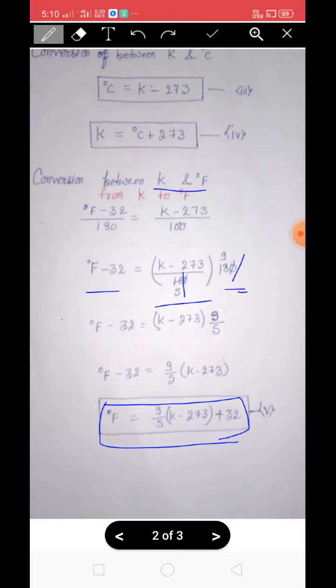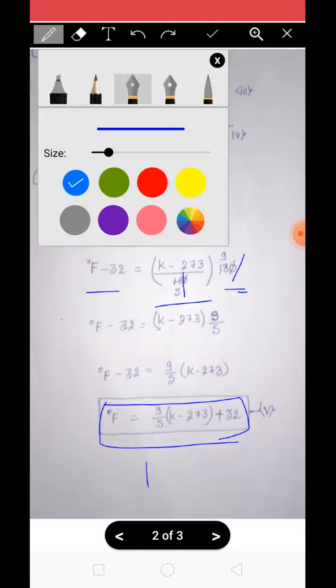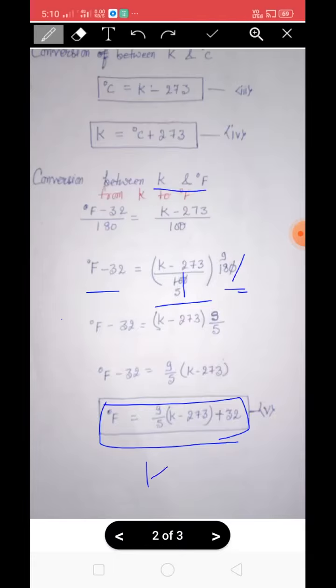Let's suppose we are having in the question that the Kelvin value is 50. Then we will simply put 50 in place of this K. Understood? This way it can be solved.